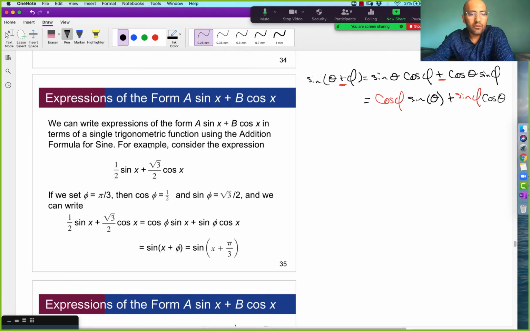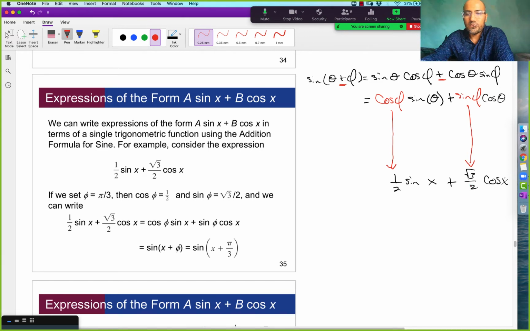The example they're using here is, what if we are presented with 1/2 sine of x, using x instead of theta, plus root 3/2 cosine of x. This looks an awful lot like that if we can figure out how to rewrite the half as cosine of phi and the root 3/2 as sine of phi.